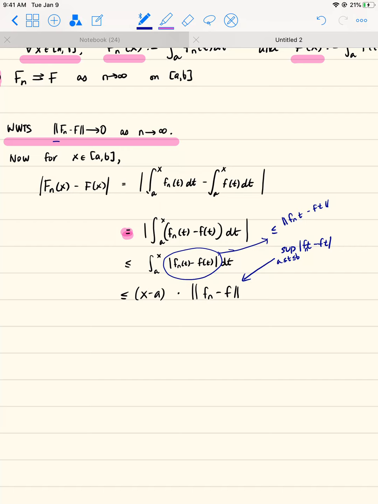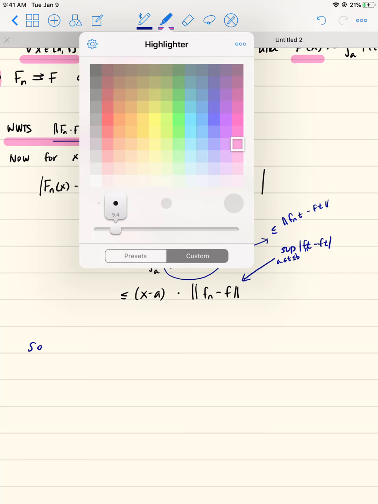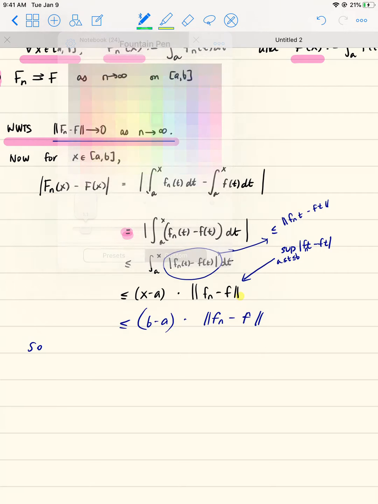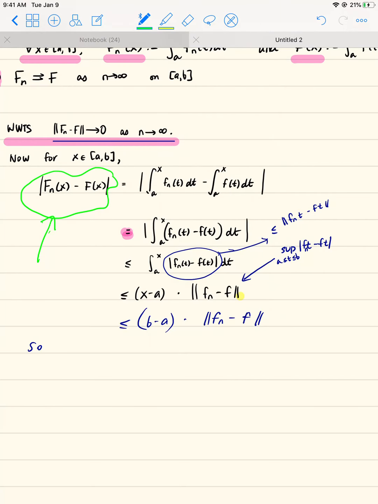And now all we have to do, remember what's our goal? Our goal is we want to show that the sup norm goes to 0. So all we have to do is say that we have a uniform bound, a global bound, if we say that this is now going to be less than b minus a times the sup norm. So what I want to point out is that on the left-hand side, we have an expression which depends on x. But here, we have found an upper bound.